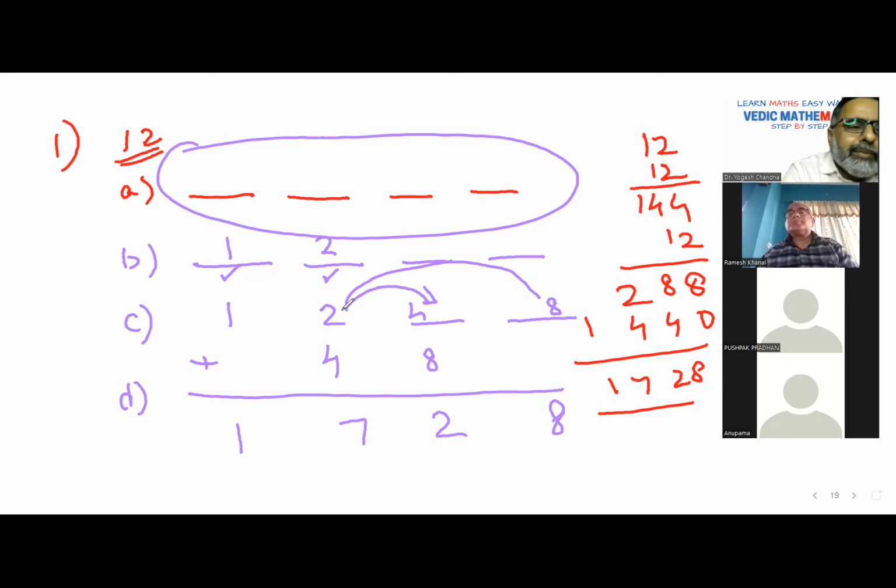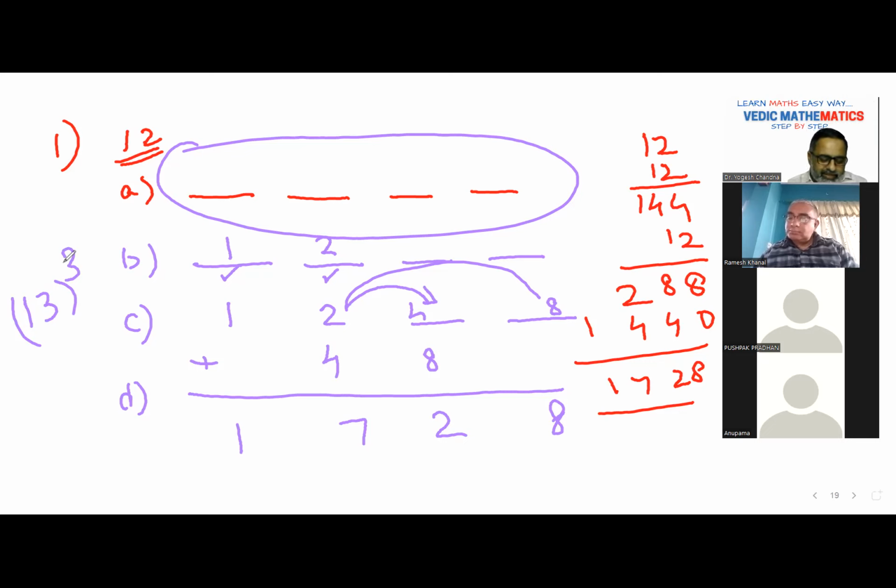Okay, if it is clear, please solve 13 cube. Please solve it. 2197. I have already done it, sir. So how easy was this?